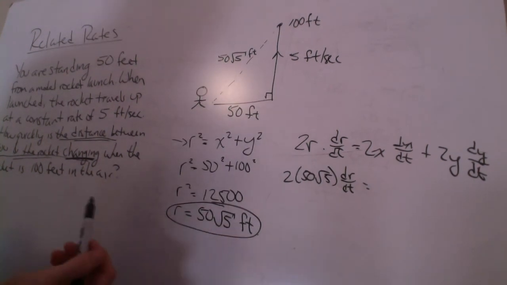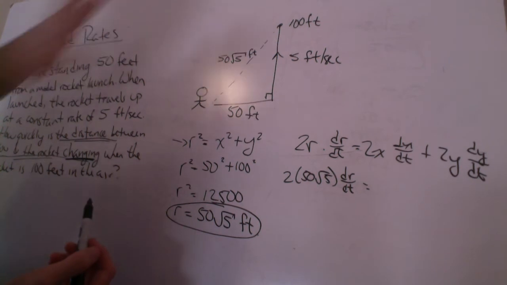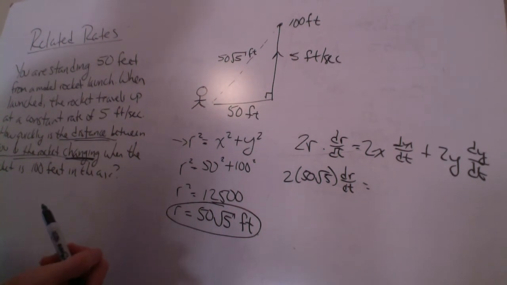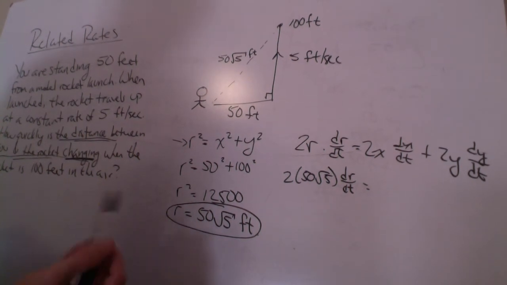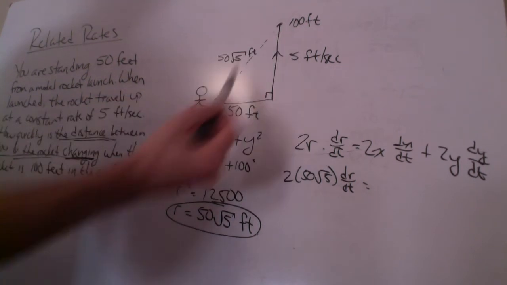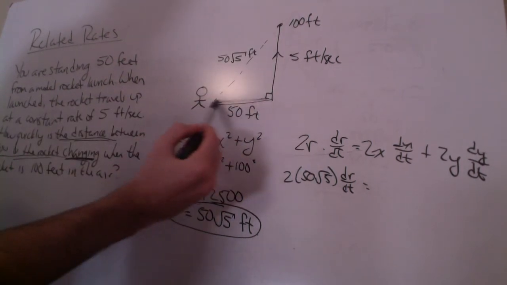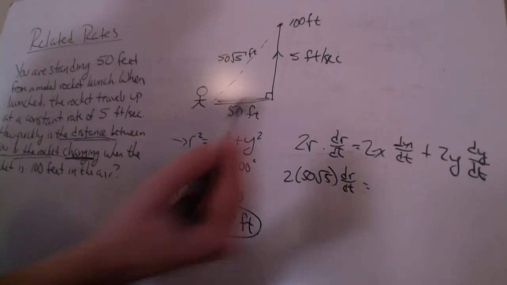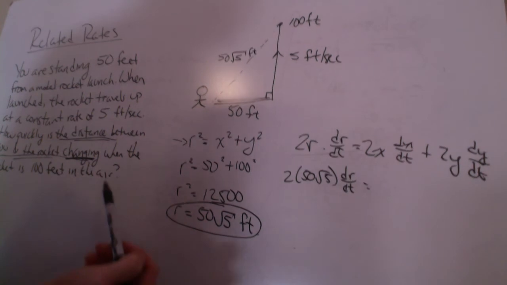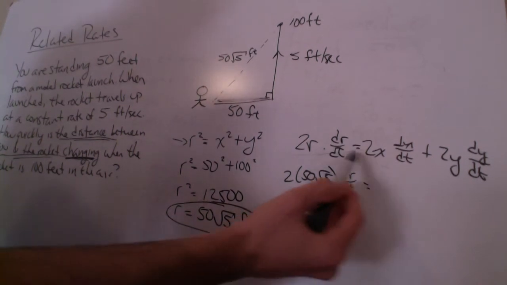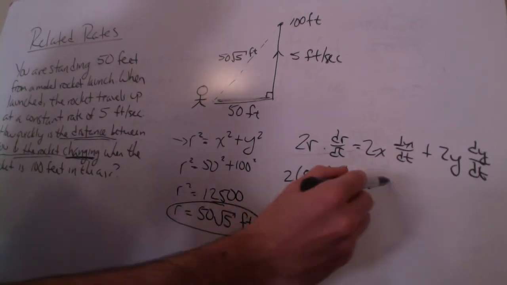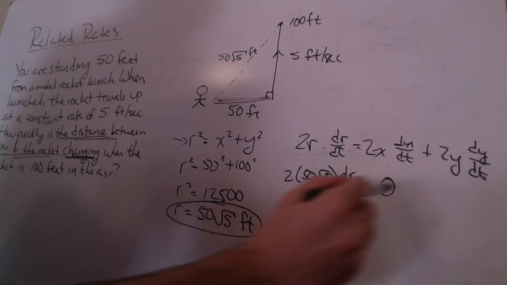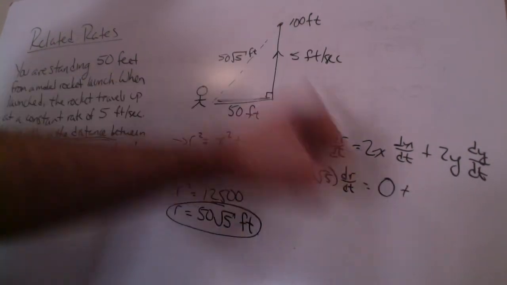Well, we haven't labeled dx dt anywhere in this picture. But if we think about it for a minute, we realize that since the rocket's going straight up, this horizontal distance isn't changing at all. It's just 0. So x is 50, but dx dt is 0. That means 2x dx dt is also 0, plus 2y dy dt.